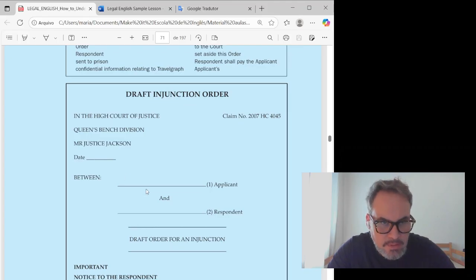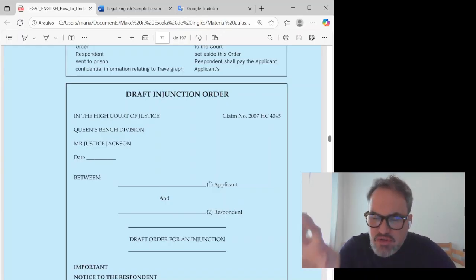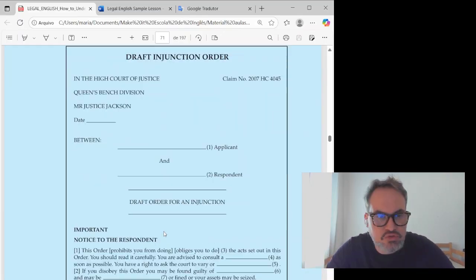Date. Between the applicant. So we need to write it down here, the name of the applicant. Okay, so we can try to do this exercise at home. Try to use the information we had before to complete that blank spaces. So we have here the applicant's name, right, which would be the name of the company.